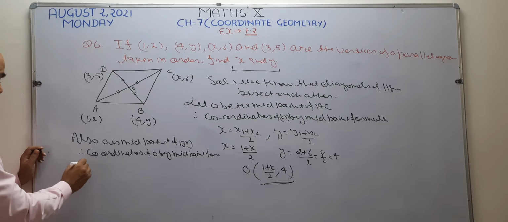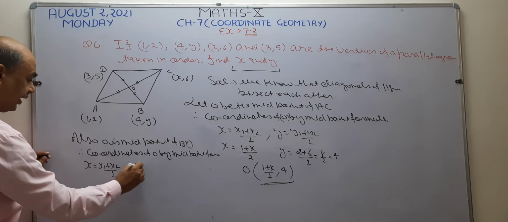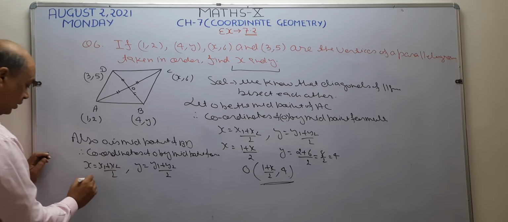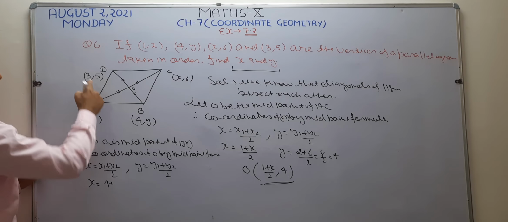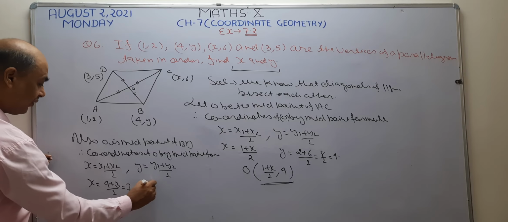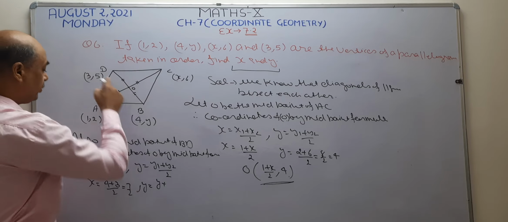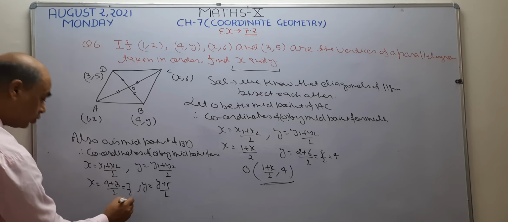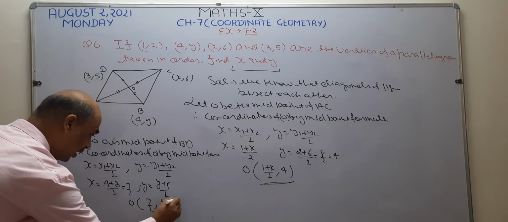Now, midpoint formula is x equal to (x1 plus x2) by 2 and y equal to (y1 plus y2) by 2. Now in this, what is x1? 4. What is x2? 3. So this becomes 7 by 2. And the value of y becomes (y1 plus y2) upon 2. These are coordinates of again O. So I write here O (7 by 2, (y plus 5) by 2).